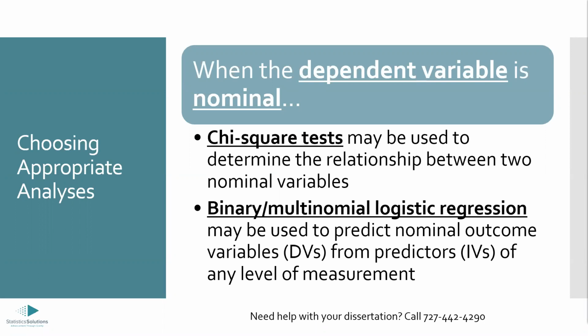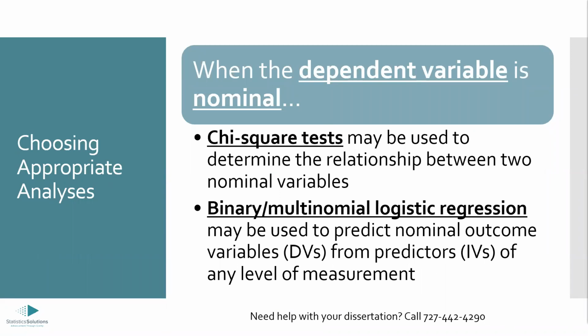If you need to do something more than just a simple relationship between two variables, and your outcome or dependent variable is nominal, then you probably need to use something like a logistic regression, so a binary or a multinomial logistic regression. So this can be used if your outcome variable is nominal.